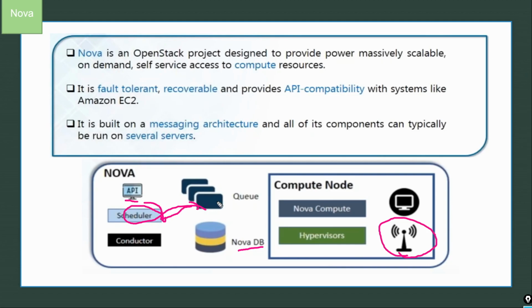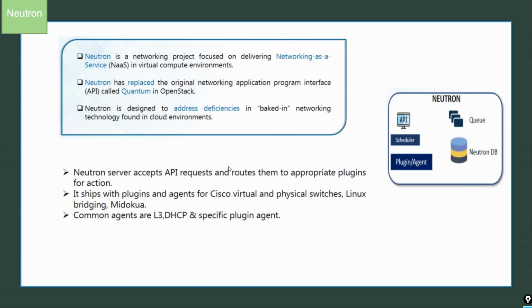We can say it's like a CPU. It's not good to just say Nova is a CPU, but sometimes it is good for learning to try to find some similarities. So Nova is our brain, and then we have Neutron. What is Neutron? Neutron is like networking stuff, and the concept is somehow the same as Nova. We have our API, we have our scheduler, and it sends requests towards the queues and puts them in order.